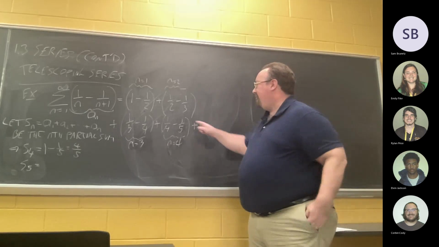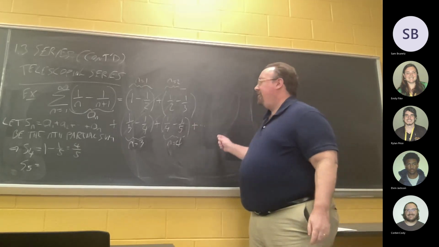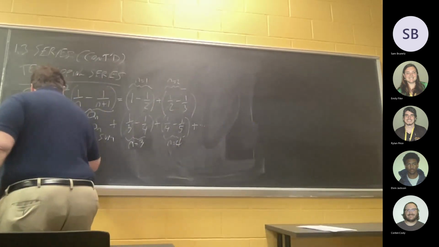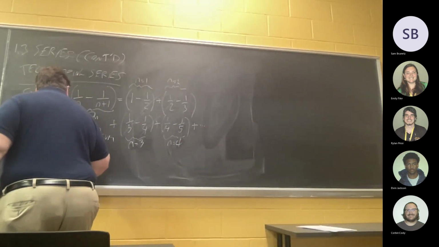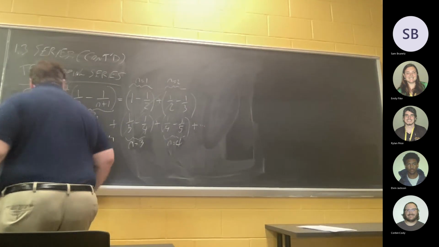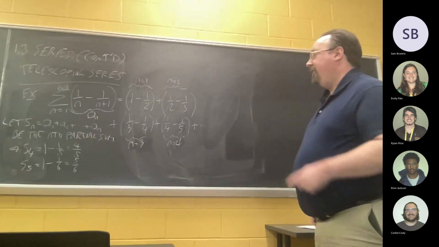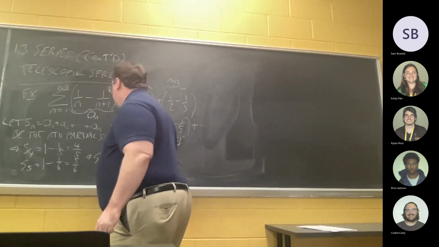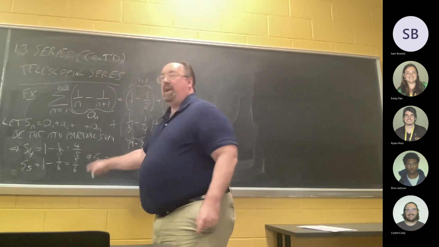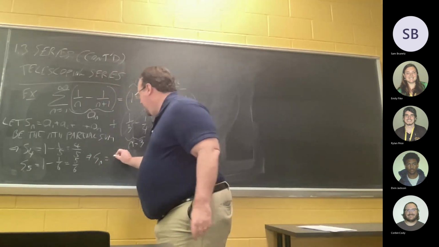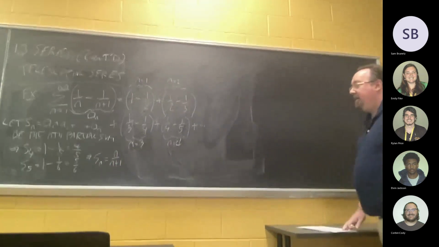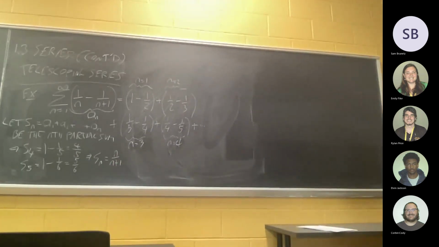So the 1/5 would cancel with its minus 1/5. The minus 1/6 would still be there, and the 1 would still be there. So you simplify it to n minus 1 over n. Actually, well, almost. So S_n would be equal to n over n plus 1. Yeah, it was the same thing, you're all shifted.